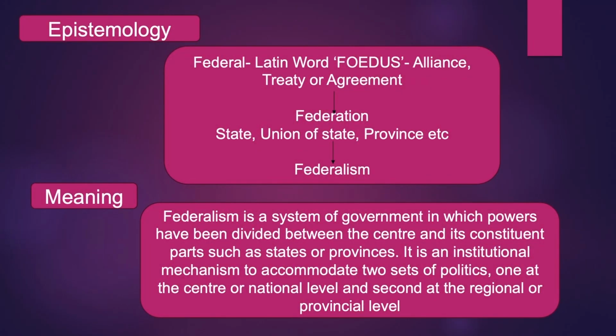Foedus means alliance, treaty or agreement, which gives rise to the word federation, which covers terms like states, union of states, province, etc. With the amalgamation of these two words, the origin of the concept of federalism arises, wherein there is an alliance between two or more states.